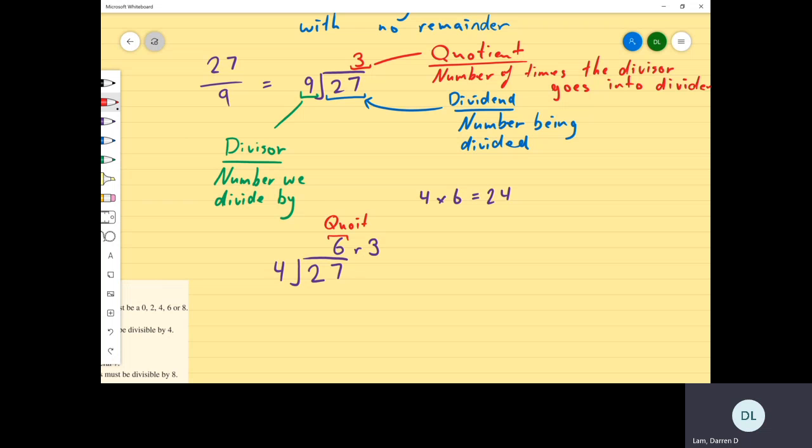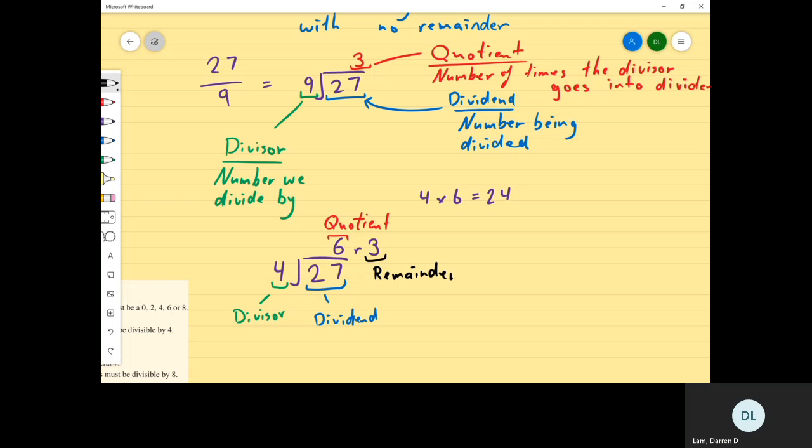I'm using the same colors so that we can identify them. That's my quotient. This is my dividend. Remember, dividend is the number that's being divided. I can't spell today. There we go. Dividend. This is my divisor. And finally, this is my remainder.